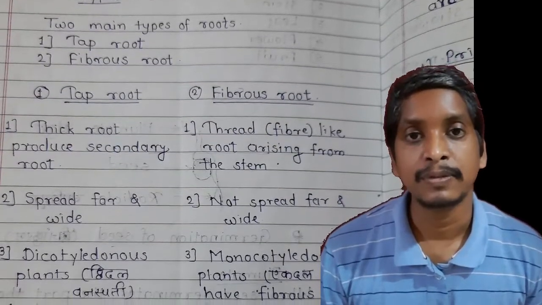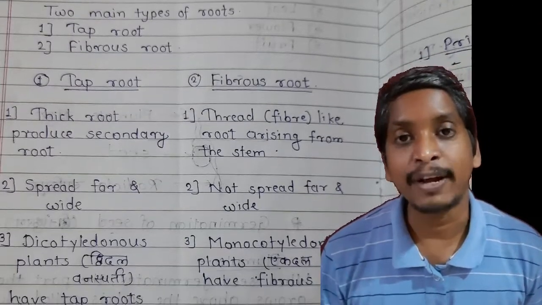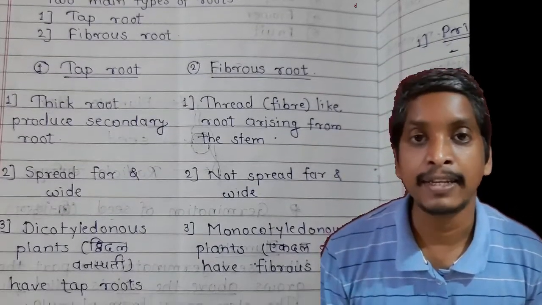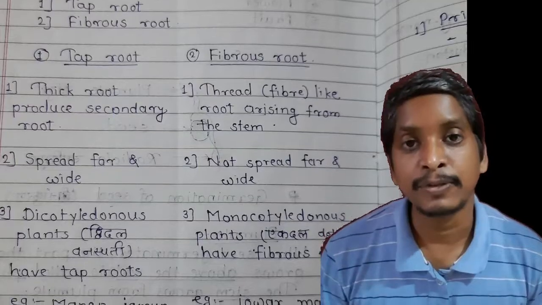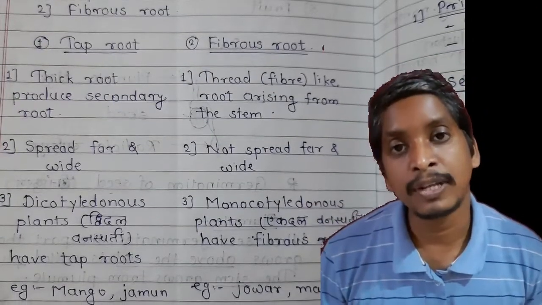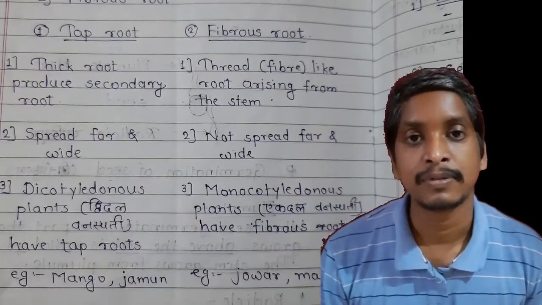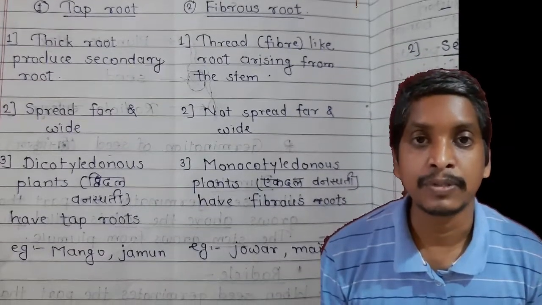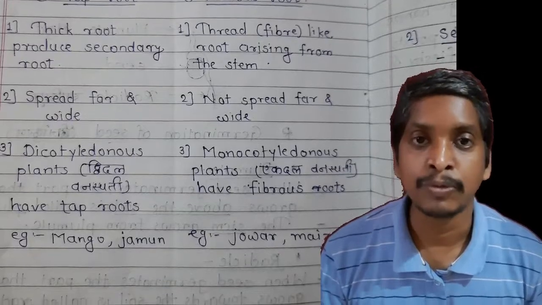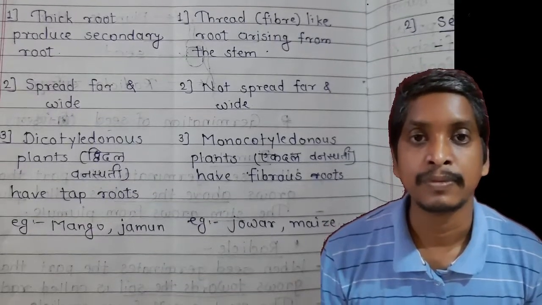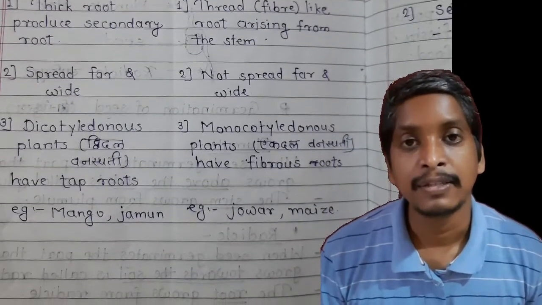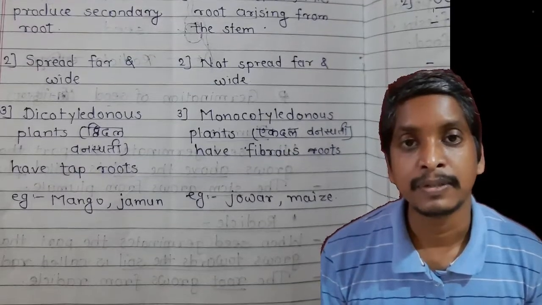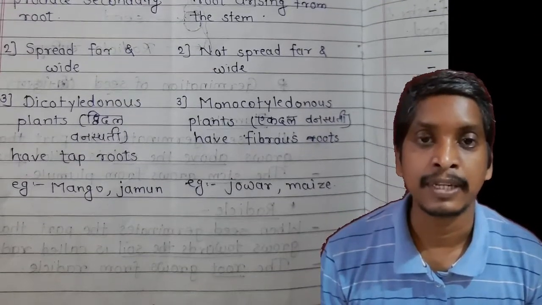Taproots are present in dicotyledonous plants, while fibrous roots are present in monocotyledonous plants. For example, taproots are present in mango and jamun, while fibrous roots are present in jowar, maize, etc.